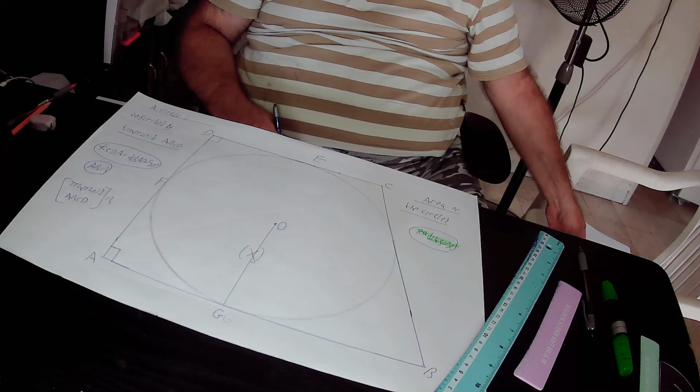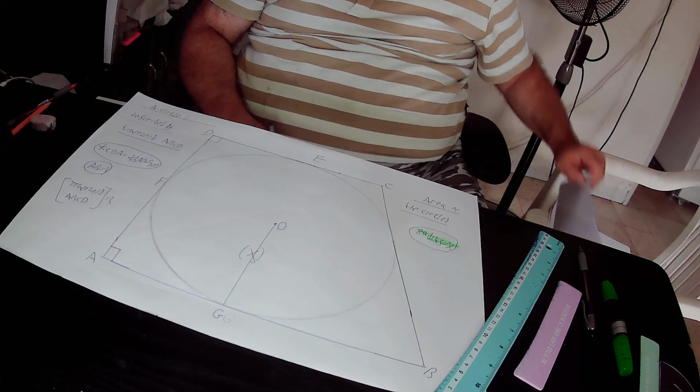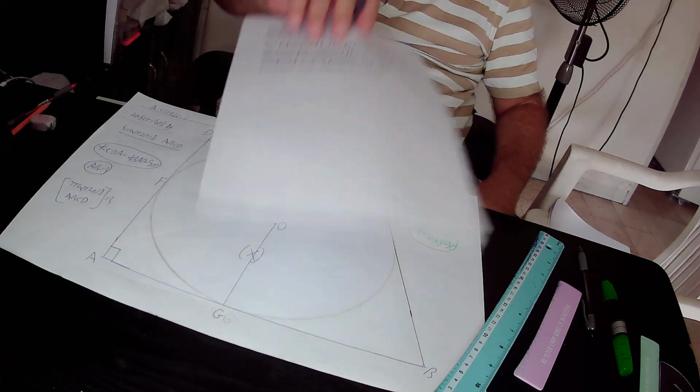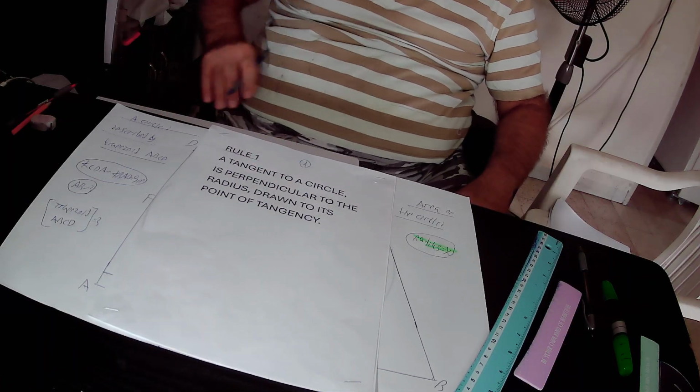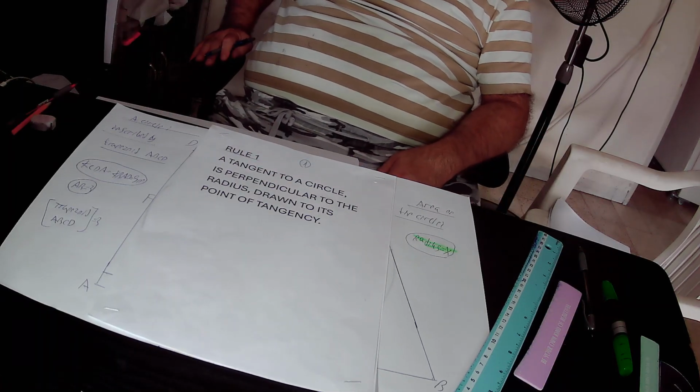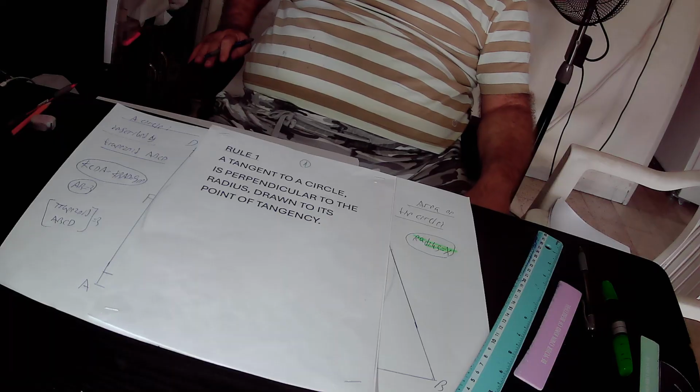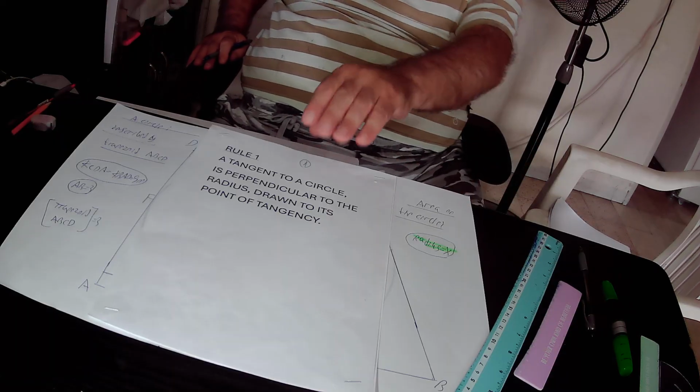I repeat quickly on rule 1. According to rule 1, the tangent to a circle is perpendicular to the radius drawn to its point of tangency.